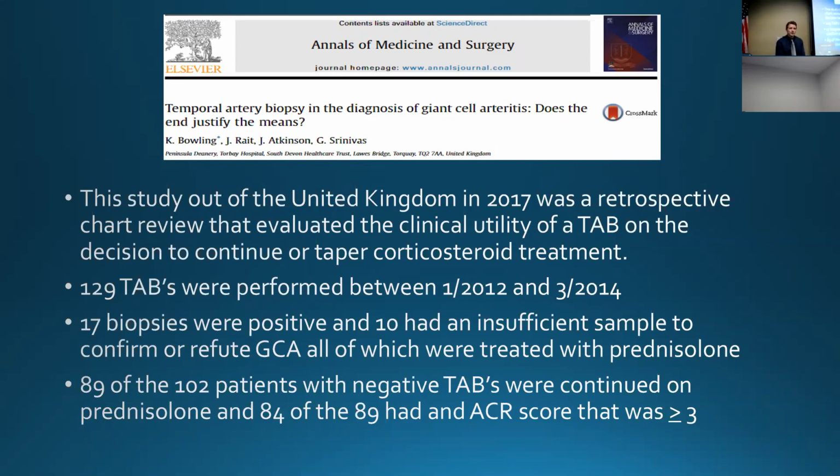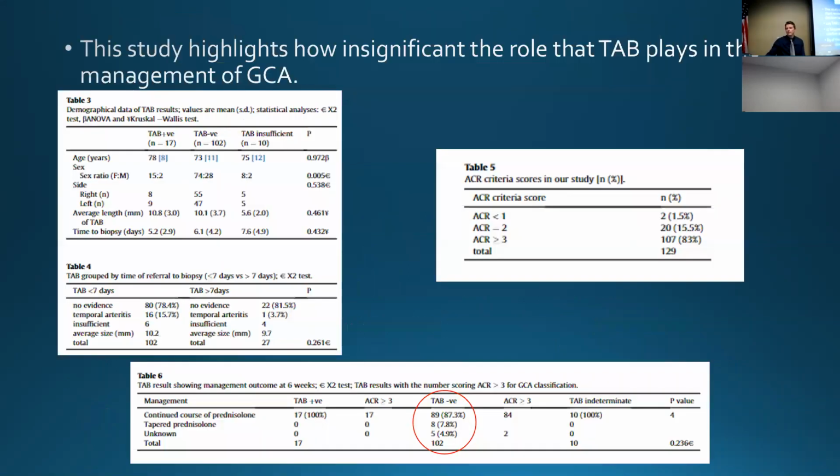And all of those cases went on to receive a full course of prednisone. 102 patients had negative temporal artery biopsies, of which 89 of those were continued on prednisone on clinical means alone. 84 of the 89 that were continued despite a negative temporal artery biopsy had an ACR score that was greater than 3, fulfilling the clinical criteria for the diagnosis of GCA.